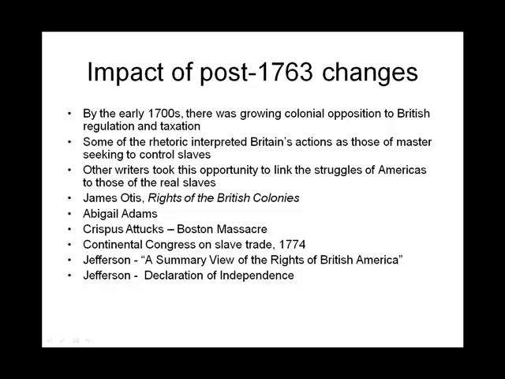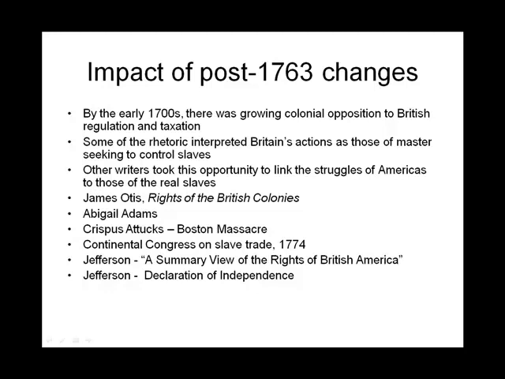Now, we shouldn't think they were trying to do anything for the slave population, because this non-importation of slaves is tied to a whole series of reactions folded into what are called the non-importation agreements, put in place after the Boston Tea Party.